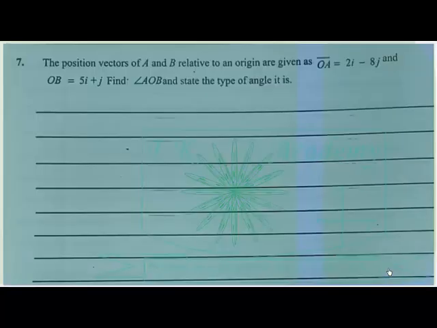The position vectors of A and B relative to an origin are given as OA equal 2i minus 8j and OB equal 5i plus j. Find angle AOB. State the type of angle it is.